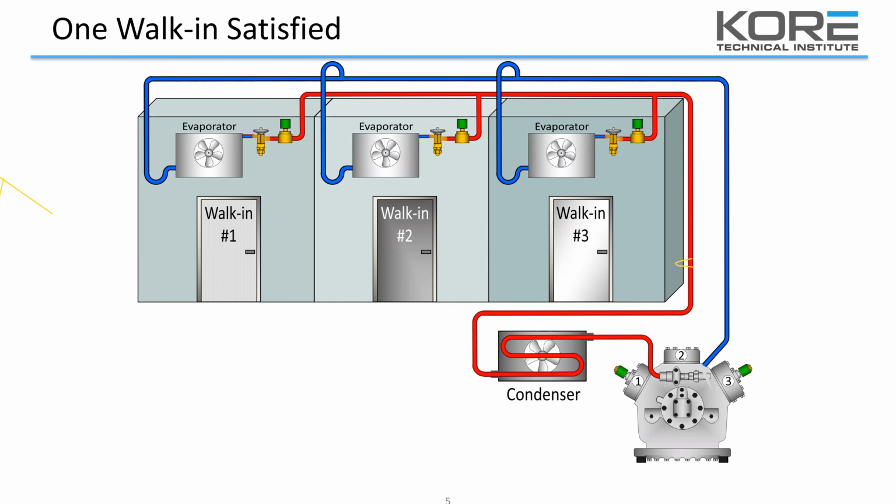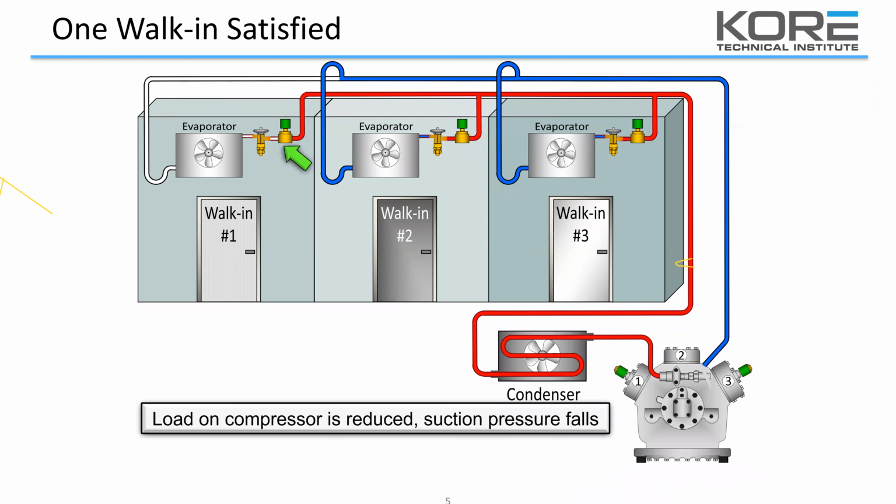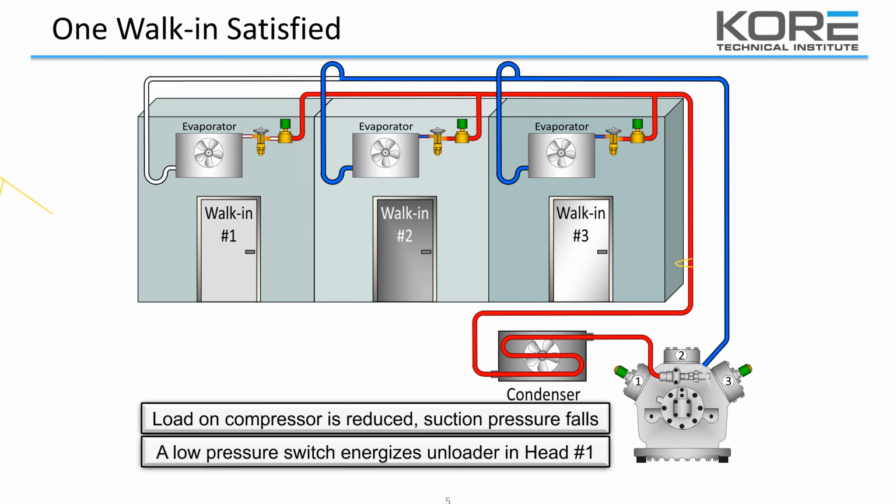Now, what happens next is we're going to satisfy one of the evaporators and effectively reduce the load on the compressor. So the suction pressure is now going to drop because the compressor pistons are all pumping the same amount of gas, or trying to anyway. But what we do instead of reducing the amount of flow that is going through the compressor, which effectively changes its compression ratio, and also drops the evap pressure and changes a whole bunch of other things, which we won't get into right now, we're going to shut off cylinder head number 1.